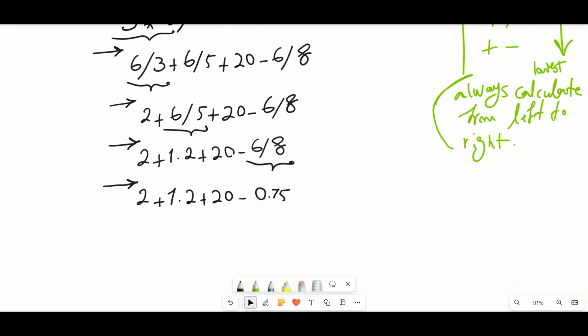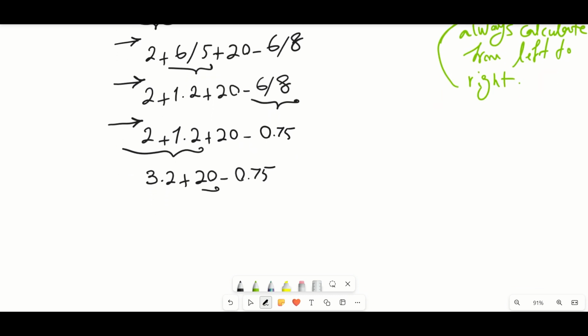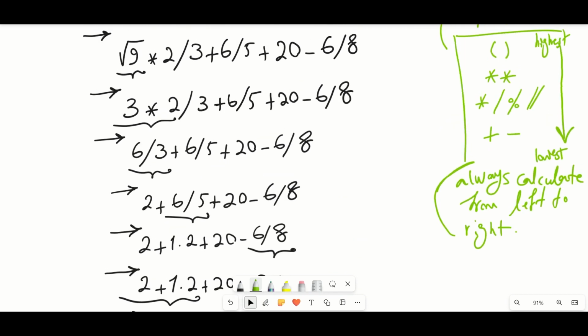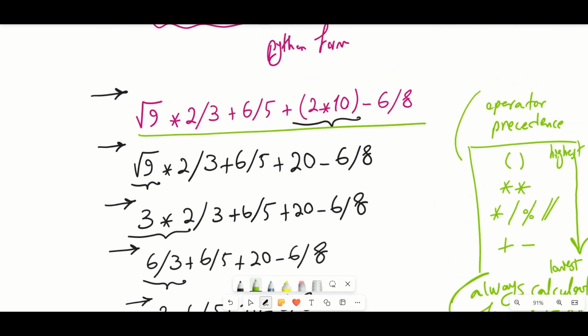Again, from left to right, you have 3.2 plus 20 minus 0.75. So what is left? 3.2 plus 20 is 23.2, minus 0.75, and the answer is 22.45. This is the final answer to this mathematical expression.